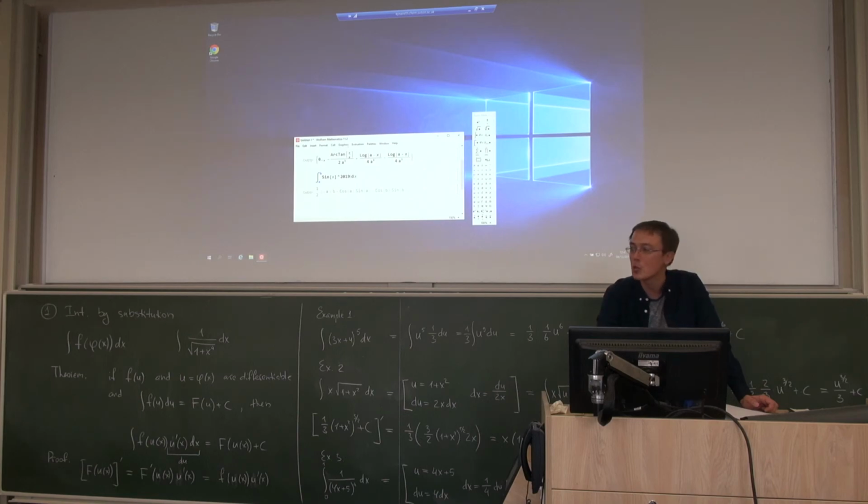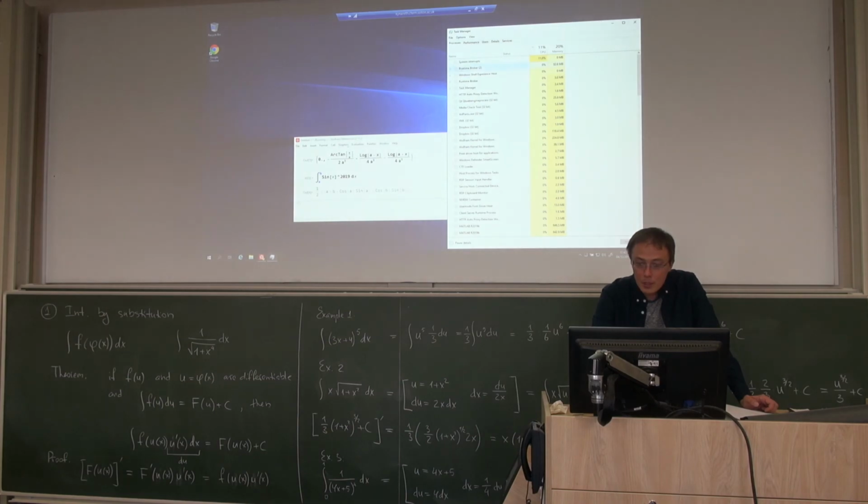Mathematica will do it 2019 times by parts in this case, and eventually, if it doesn't crash and run out of memory, we'll reduce the console. So when we launch the task manager, we will probably see it running.